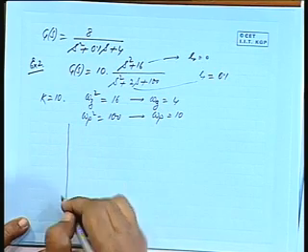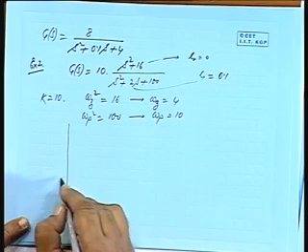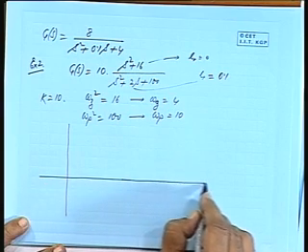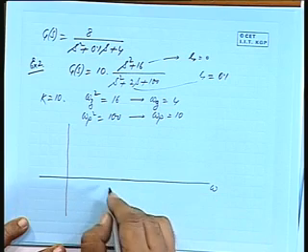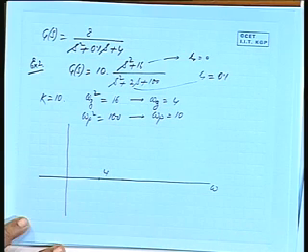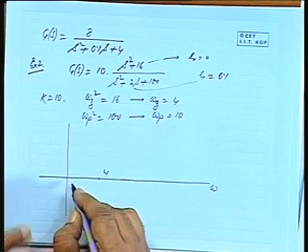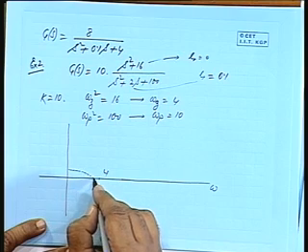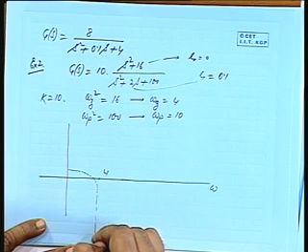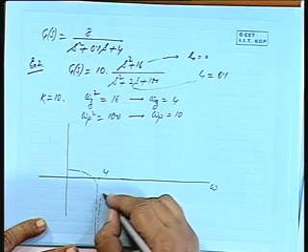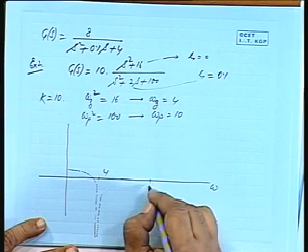So you can sketch it like this. At 4, it will be going to infinity, and from there again it will come up at 10.